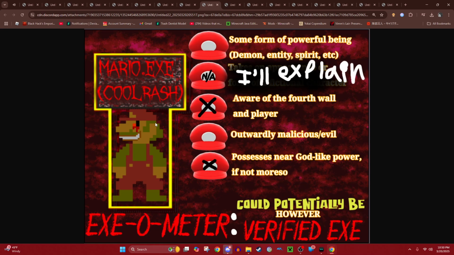While yes, he's noticeably very powerful, just like with EYX, I don't really think it's godlike. Though with Mario.exe, I can more confidently affirm that, because what we've seen of the character, he doesn't have godlike strength. The feats of strength that he has shown are superhuman.